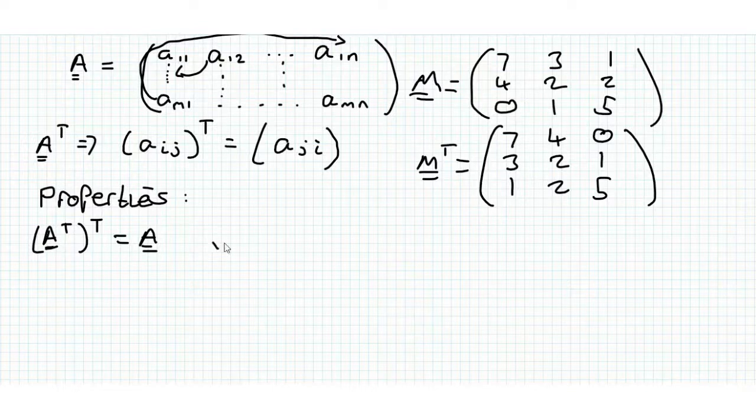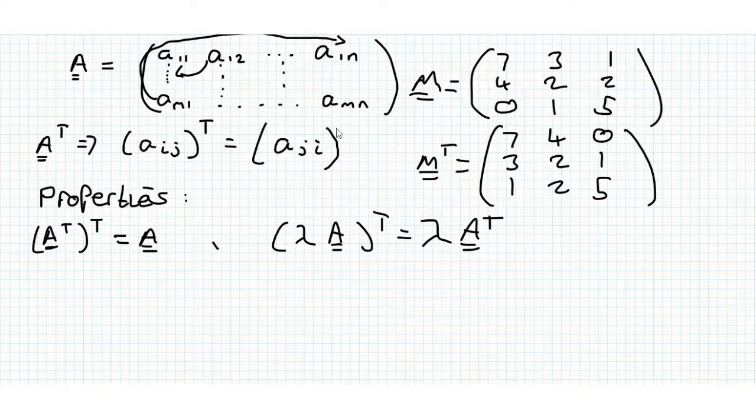Nice and easy. Now, if we multiply A by some scalar, lambda, and we take the transpose of that, that's just equal to lambda times the transpose of A, and that makes sense because when you swap these rows and columns, you're not doing anything to lambda, so lambda just remains unchanged.